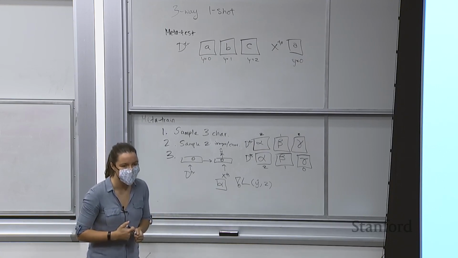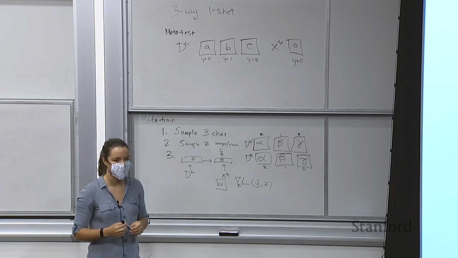Yeah. I'm a little bit confused about the application of something like this. What we were saying was 1-shot, where it's given this character, what label is it, as opposed to giving these 5 characters, what label is it? Does that make sense?